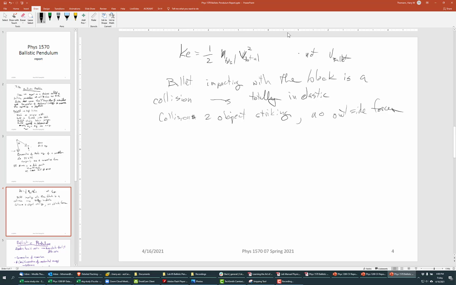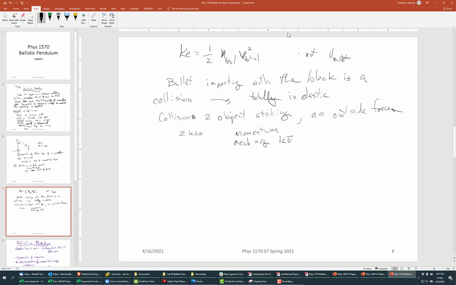So then there's two laws that govern the collisions: momentum and mechanical energy. And in this case, it's only KE because there's no PE. There's no outside force. And then you say, well, look, momentum is always obeyed.